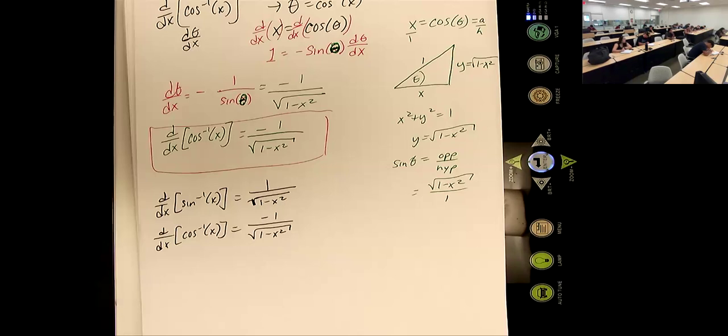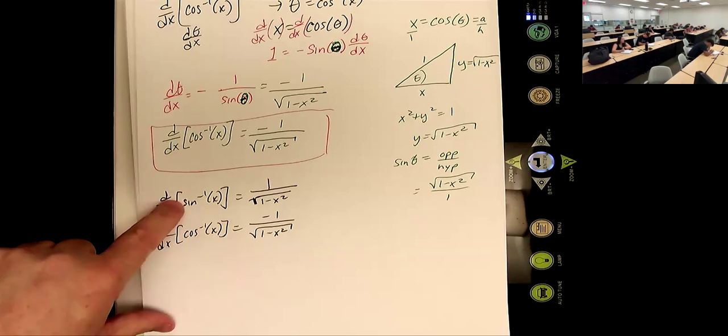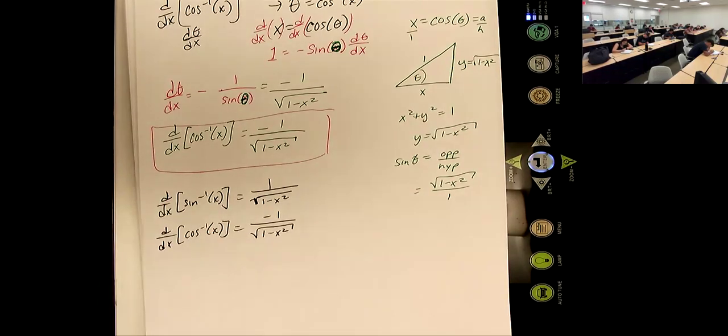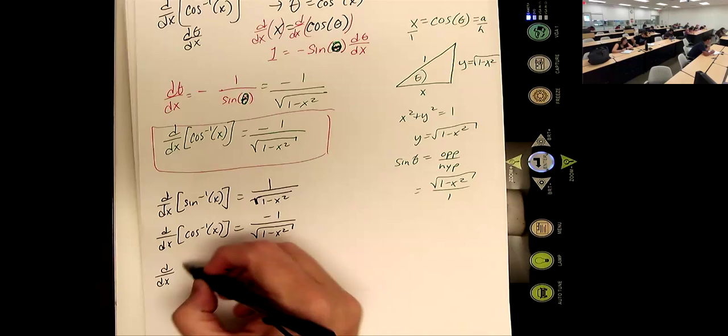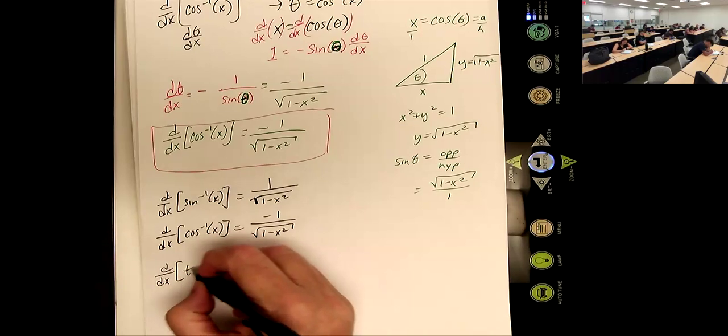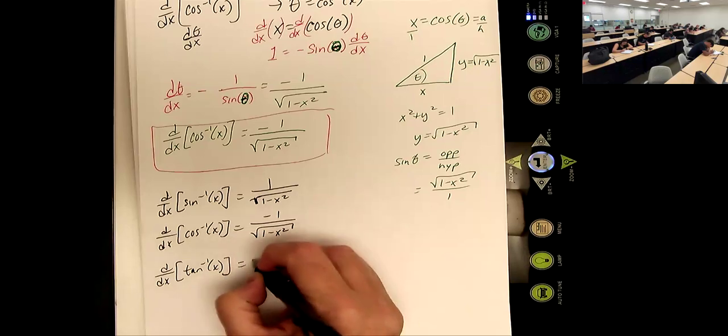Which feels kind of right, because the derivative of cosine is negative sine. So the derivative of cosine inverse is kind of like negative sine inverse. I don't want to lock that in your head, but there's some symmetry there. This one shows up more often than the other two. The derivative of tangent inverse of x is 1/(1 + x²).